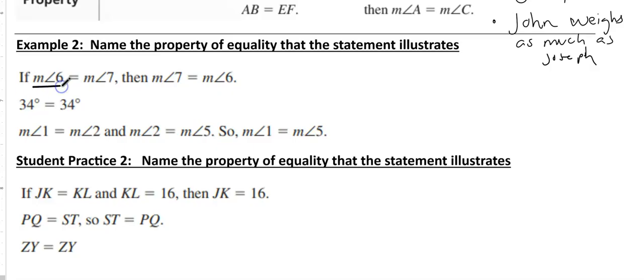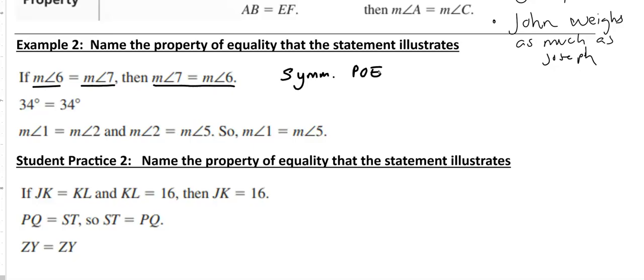If the measure of angle 6 is equal to the measure of angle 7, then the measure of angle 7 is equal to 6. Well, it looks like they just switched them, right? That's called the symmetric property of equality. When you just switch them, 6 equals 7 and 7 equals 6 for the angles, that's the symmetric property.